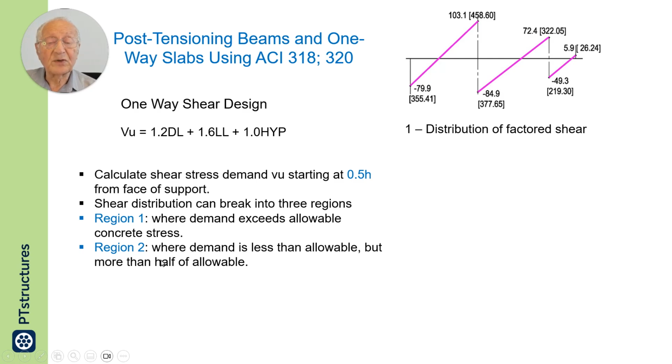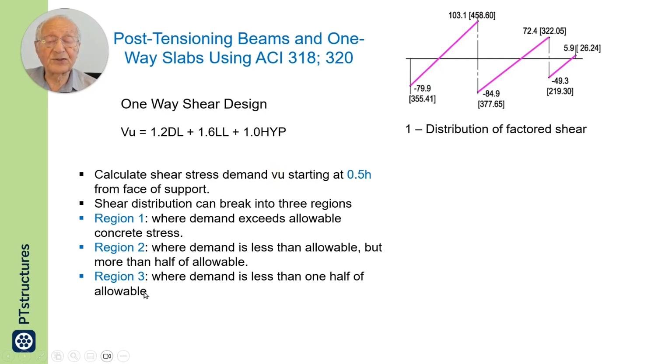Region 2 is where the demand is less than allowable, but more than 50% of it.